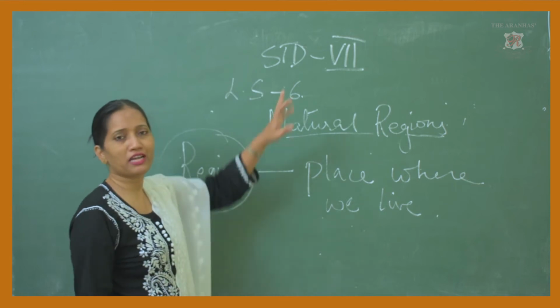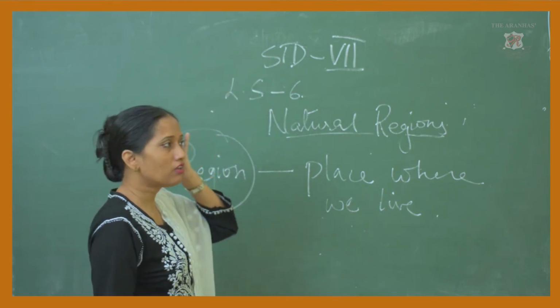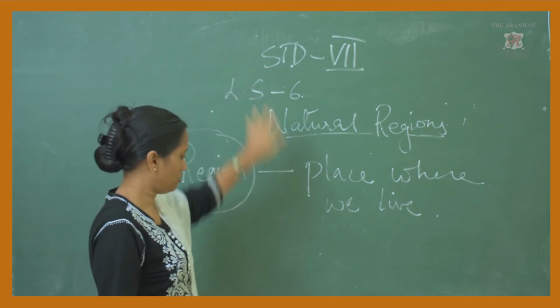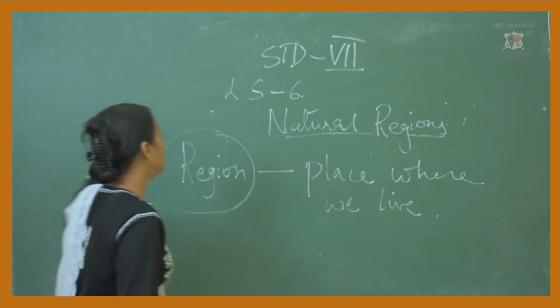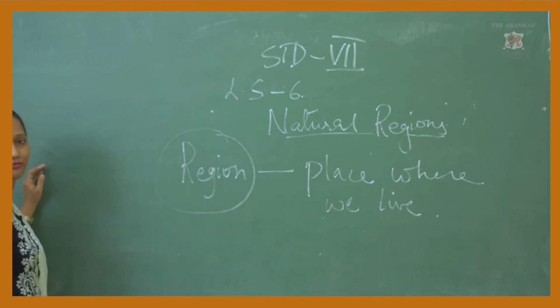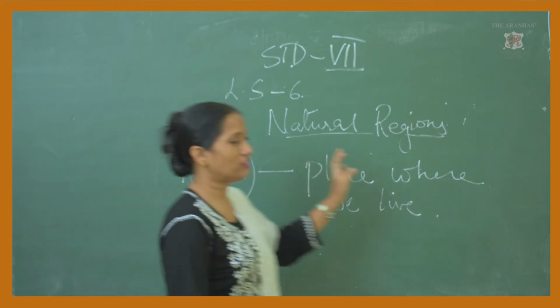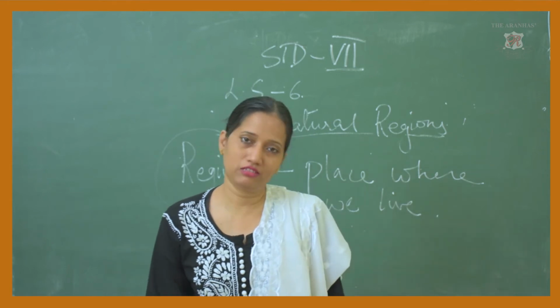Like even if you think about the map of India, the north part could be the northern region, the south of India would be called the southern region, the west part of the country would be called the western region, and the east part of the country could be called the eastern region.